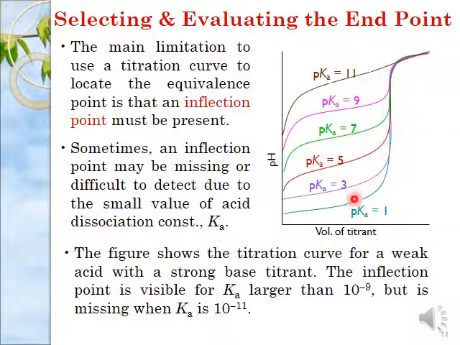But as the value of pKa increases, meaning the value of Ka decreases, the inflection point becomes narrower, and at the limit, pKa 11, it's gone. We cannot see it.